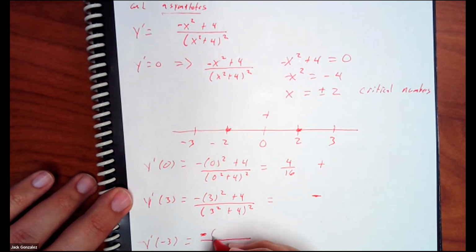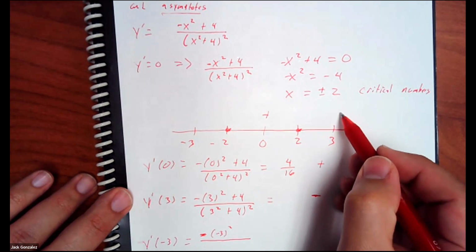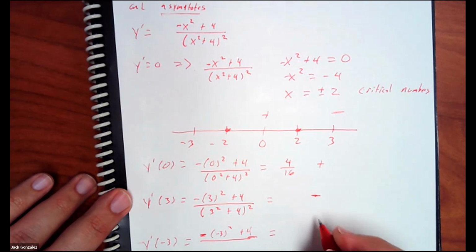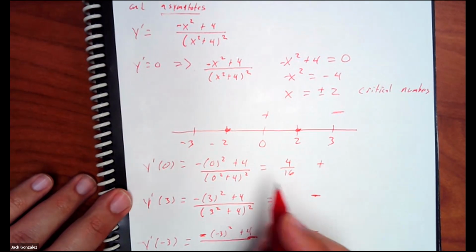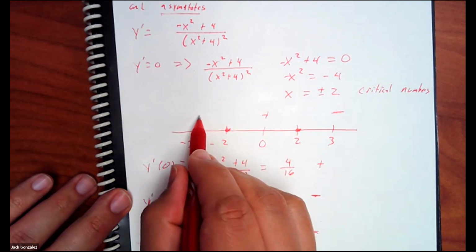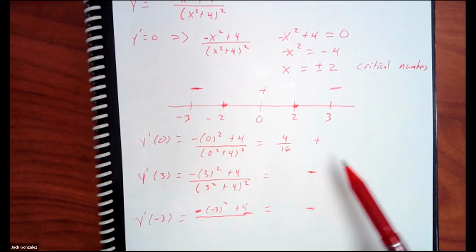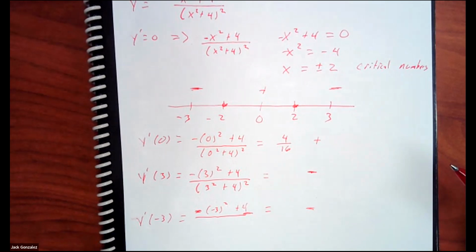So negative 3 is going to be negative 9 plus 5, again negative. If you're really curious, you can plug it into your machine and you're going to get plus, minus, minus. Okay.